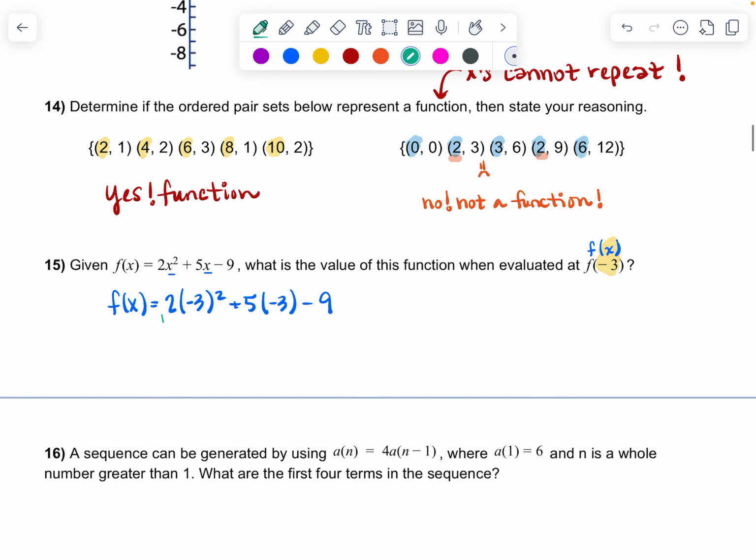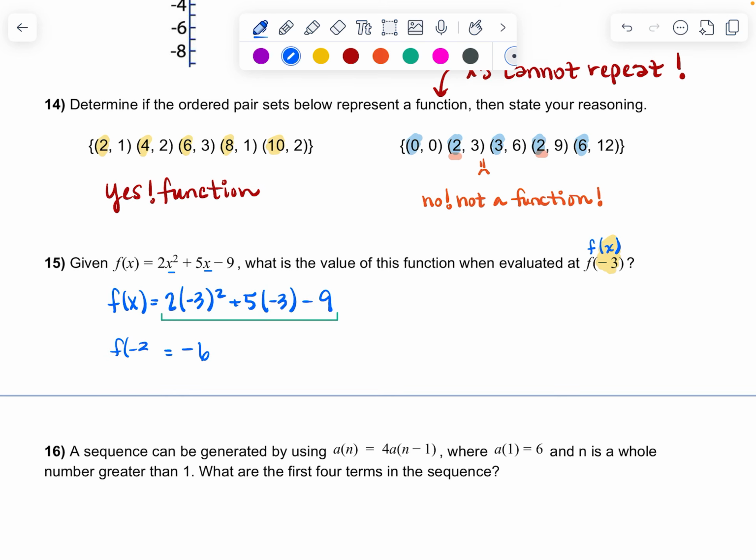And then all you have to do is type all of this mess into your calculator, or you can do it in your head one step at a time or whatever floats your boat. When I type all of that in, I'm going to get 18 minus 15 minus 9, so that is going to give me -6.